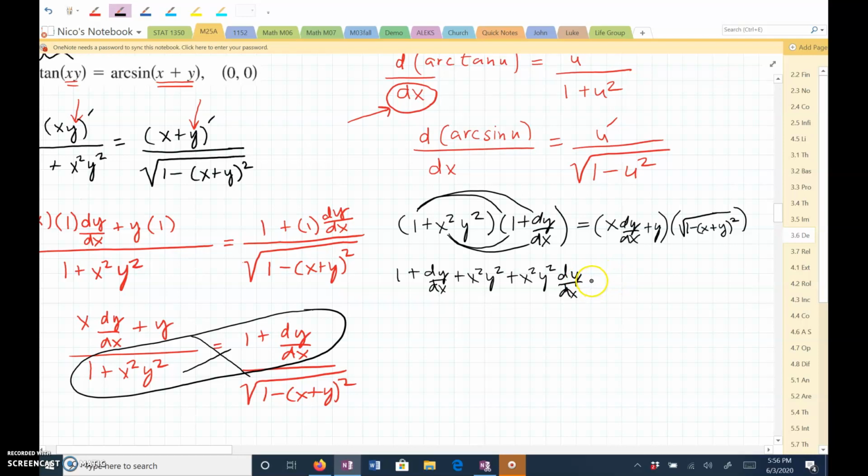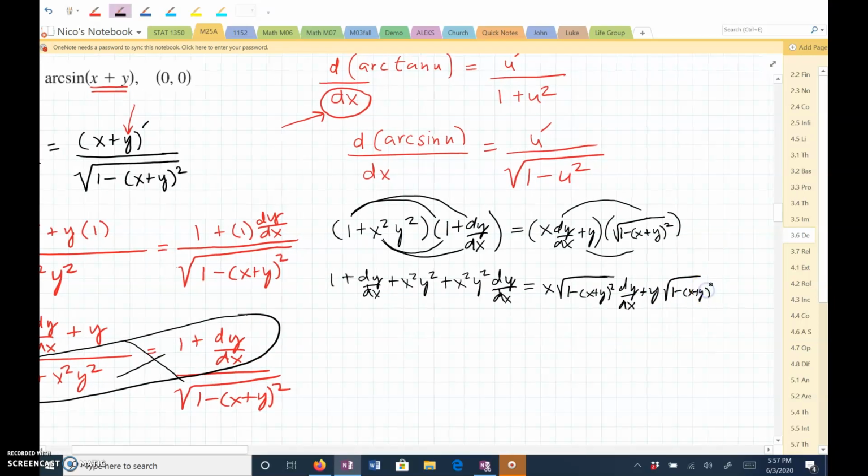Equals this would be x times the square root of 1 minus x plus y squared dy/dx. And then this right here would be y plus the square root of 1 minus x plus y squared.